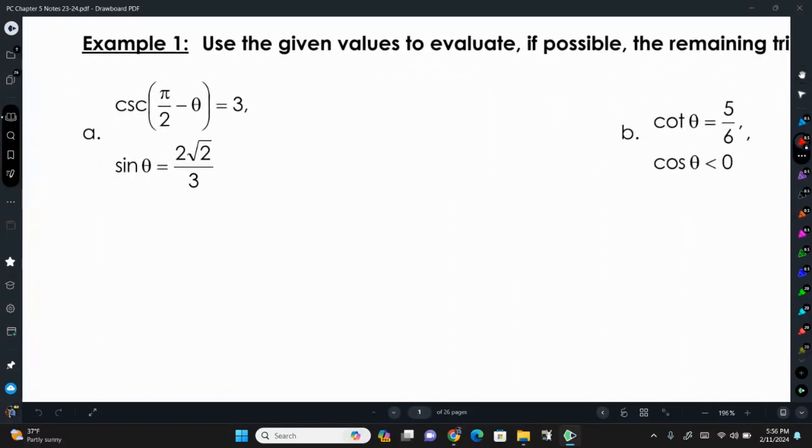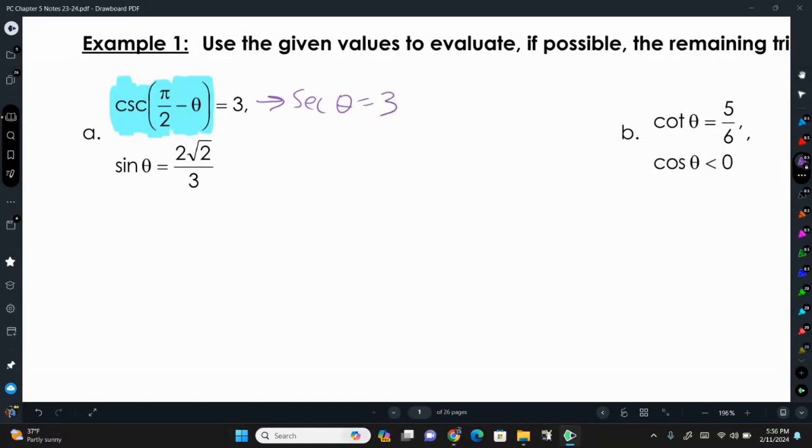So in this problem here, we have the cosecant of pi over 2 minus theta equals 3. Remember, one of the identities, the cofunction identities, says that this right here means that the secant of theta is equal to 3.